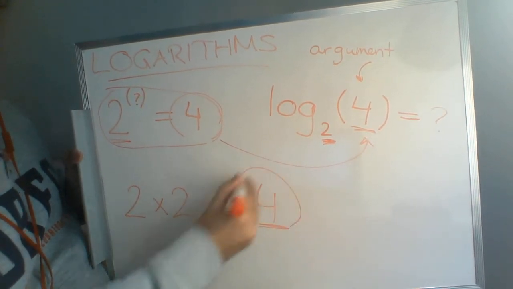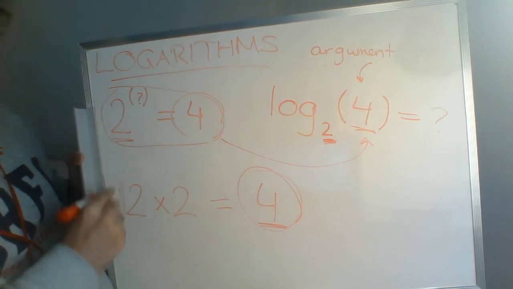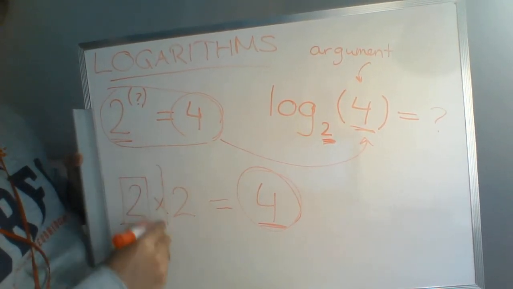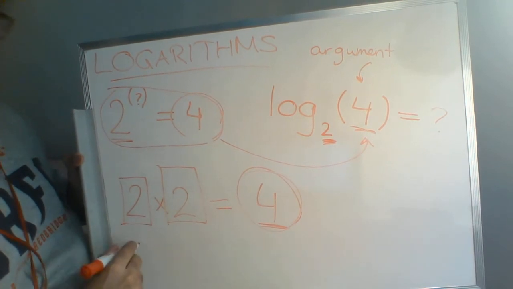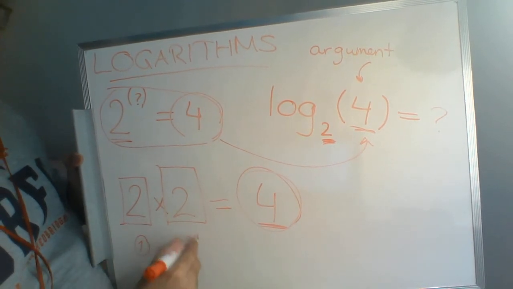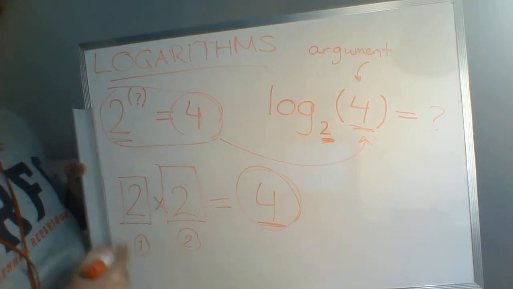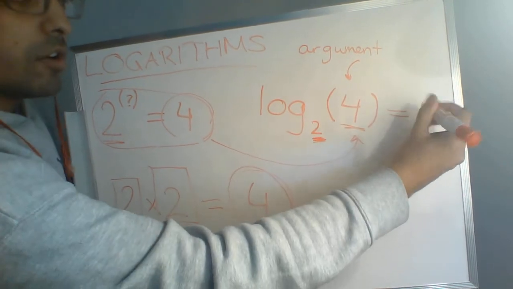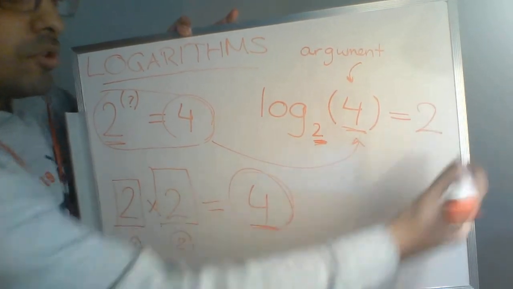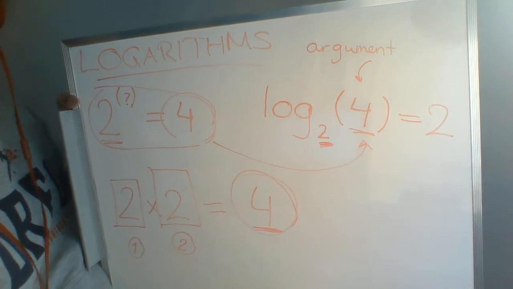Once you've got your target answer, you can look back and ask yourself how many of those 2's did I have to multiply together in order to get 4. We took 2 2's and multiplied them together to get 4. So because we multiplied 2 of them together, our final answer for this logarithm would be 2. And you just throw a 2 after the equal sign and you'd be done.